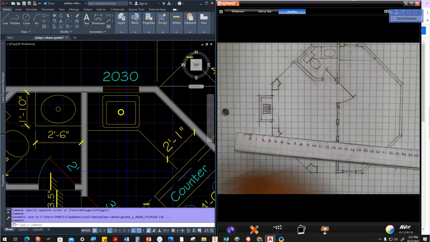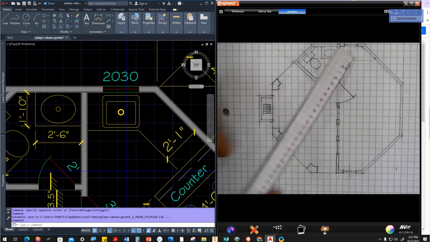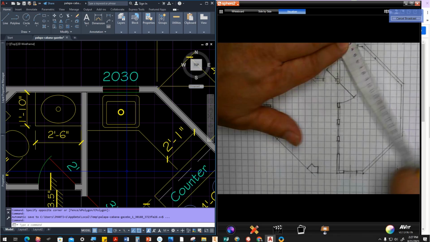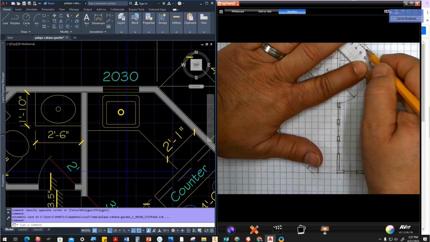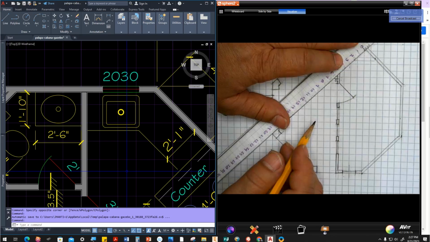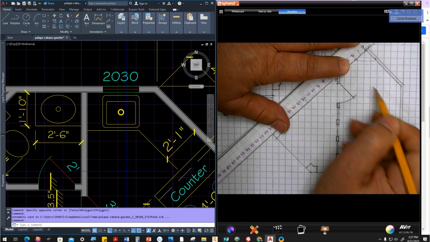Don't do it hard because you're gonna erase. Oh, here I don't have a guideline. I have the wall in the back. So I'll measure 2 feet, one time, two times.